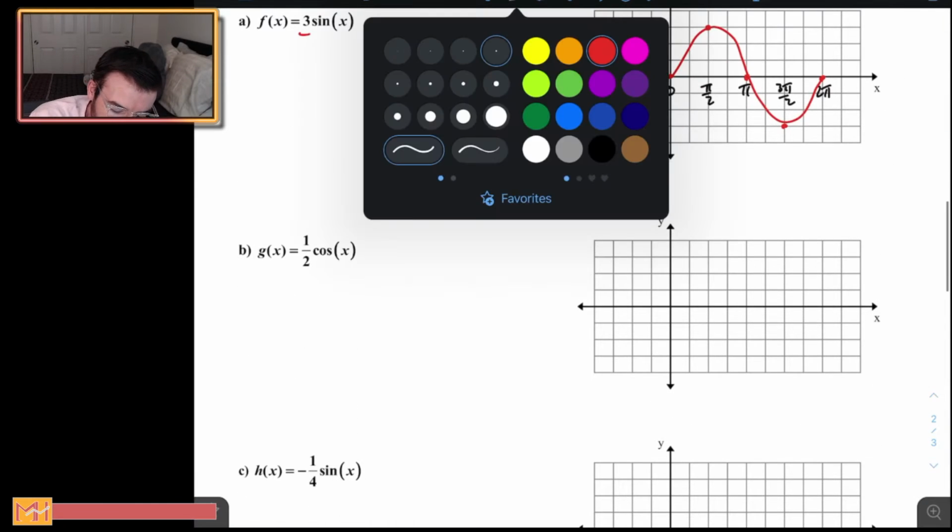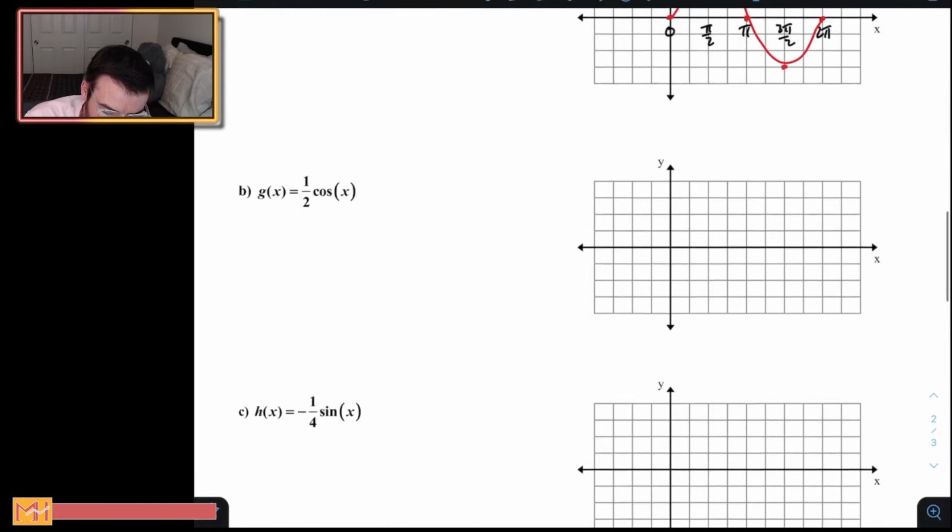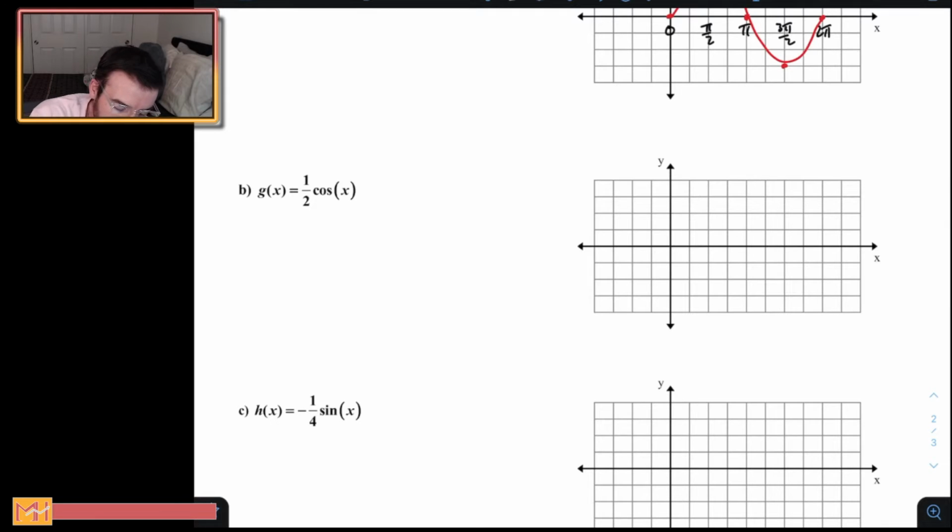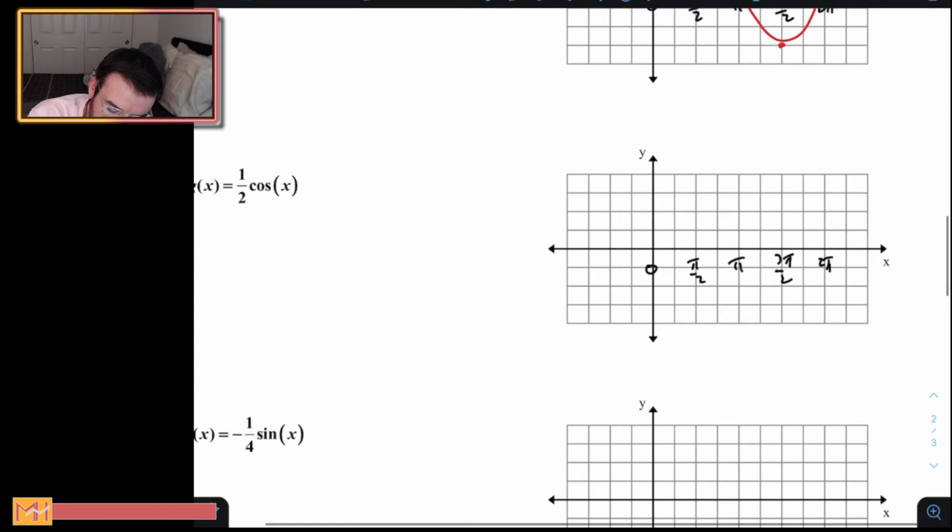So these graphs really aren't that bad. We've got a half cosine. What's that going to do? It's just going to make it slimmer. Okay? It's always these same 0, pi over 2, pi, 3 pi over 2, 2 pi. And it's just going to make it slimmer. It's going to start not at 1, but at a half. Goes down to 0.